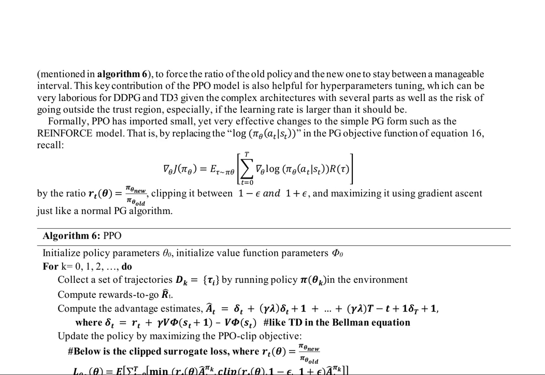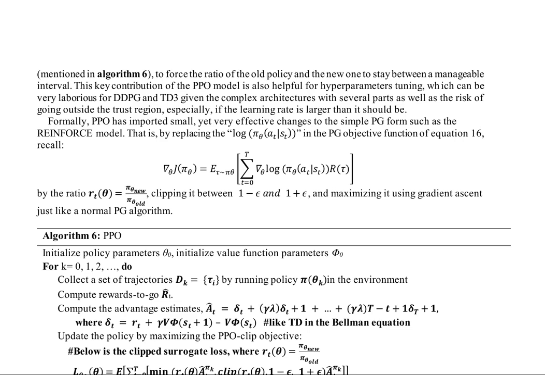Formally, PPO modifies the simple policy gradient (PG) form, specifically the REINFORCE model, by replacing the log pi times advantage term in the PG objective function with the ratio r_t(theta) equals pi new over pi old, clipping it between 1 minus epsilon and 1 plus epsilon, and maximizing it using gradient ascent.